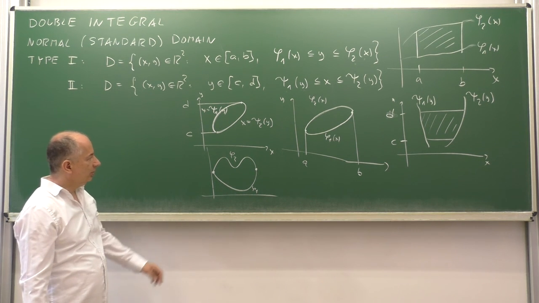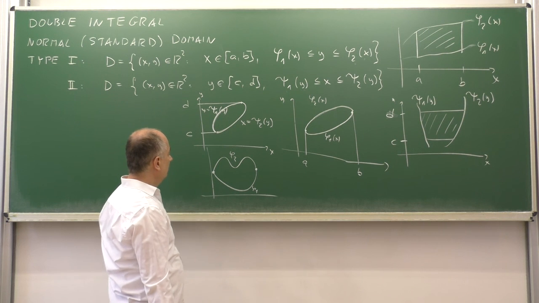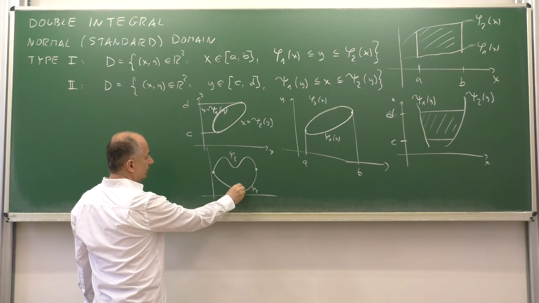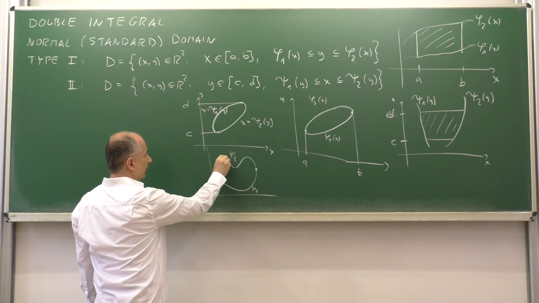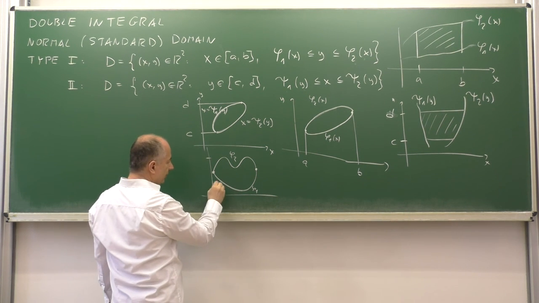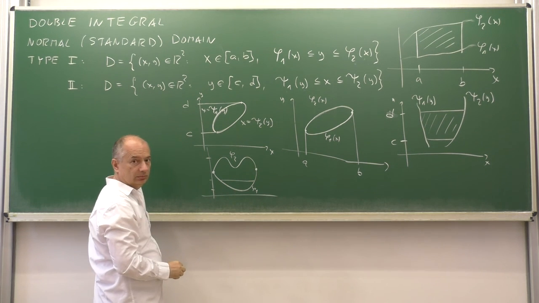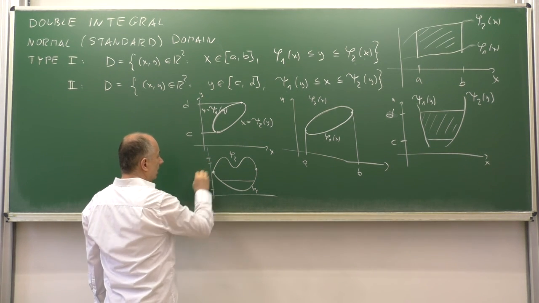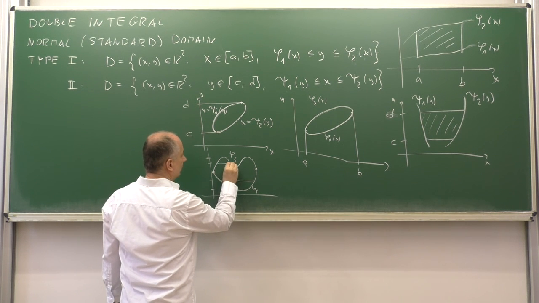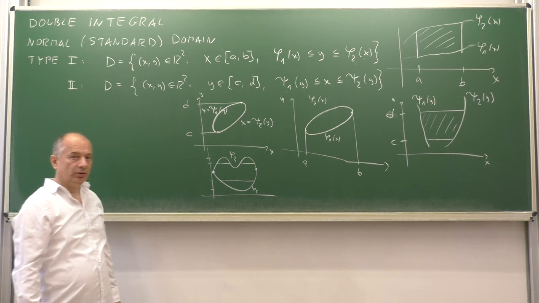While it is not possible to consider this set as a type 2 domain, because we can find the bottommost point and the topmost point, but then for some y, x is from this interval, but for other y values, x is not from an interval, it is from a union of two disjoint intervals.